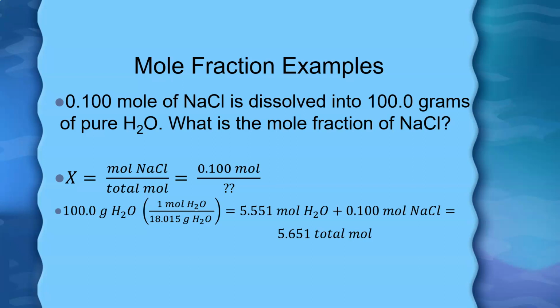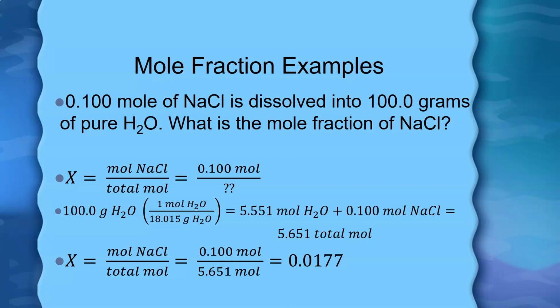So I'll put my 0.1 moles of NaCl on the top and my 5.651 moles on the bottom. That's 3 significant digits from 100 on the mole of NaCl. So I get 0.0177, and that is unitless because mole over mole is unitless. If you aren't about to end up with something unitless, you are not doing your mole fraction correctly.